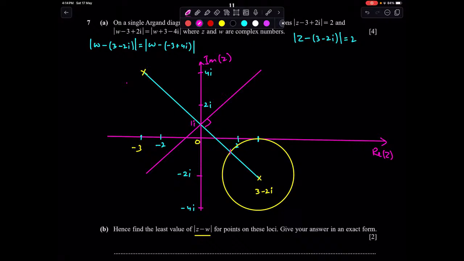And Z is here and W is here for shortest distance. Now we need the length, this length.